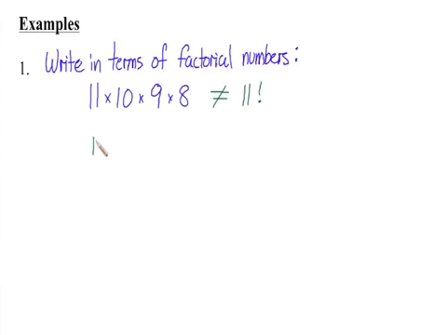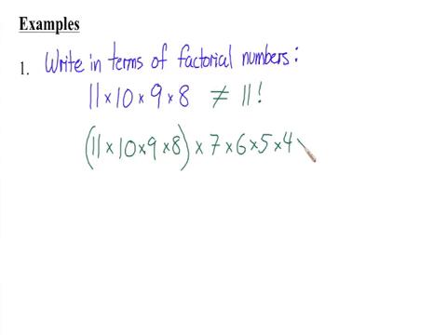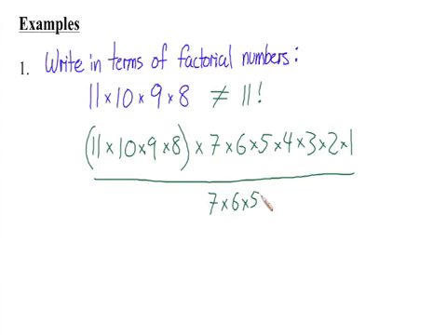Take a look at this. I have 11 times 10 times 9 times 8. This is my original expression. Then, if I multiply by the remaining integers, 7, 6, 5, 4, 3, 2, and 1, we can turn that into 11 factorial. But that would change the original expression. So, in order to balance this out, I need to divide by the same numbers, 7 times 6 times 5 times 4 times 3 times 2 times 1.